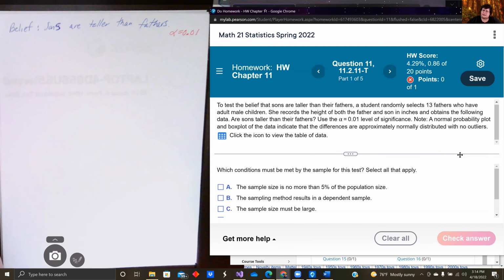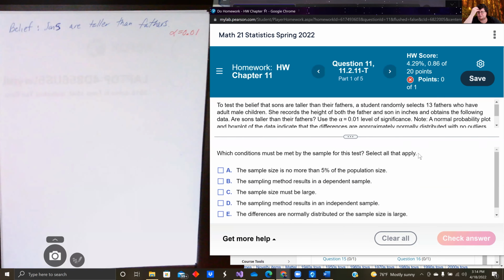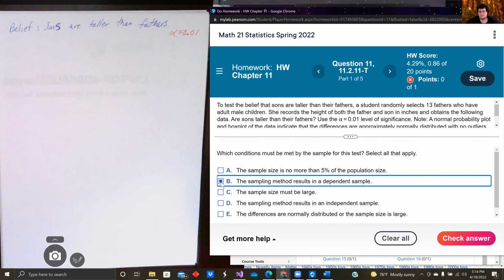So I've got to come down here, and what's it asking me first? Which conditions must be met by the sample for this test? Select all that apply. Well, we want the sampling methods to result in a dependent sample because this is a paired test. They need to be paired. And we want the differences to be normally distributed or the sample size to be large.